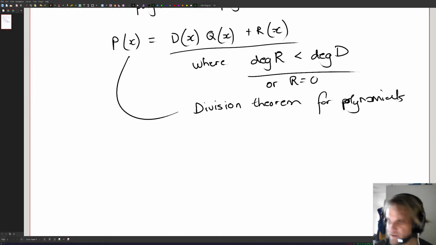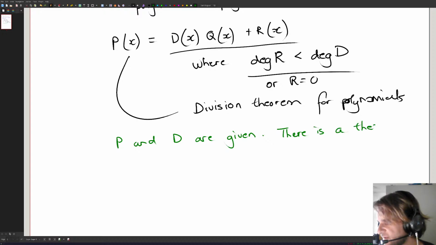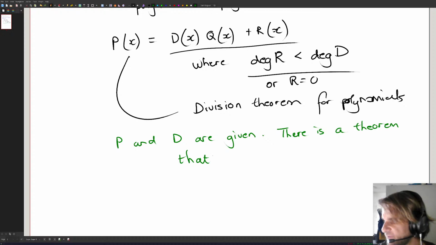So let's make that explicit. P and D are given. Then there's a theorem that says that you can find Q and R that make this true.